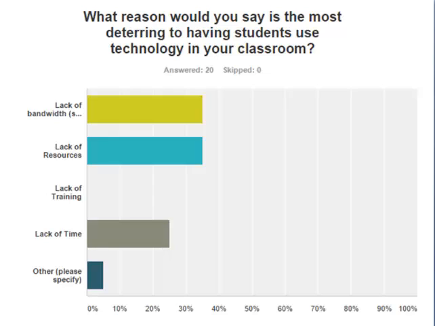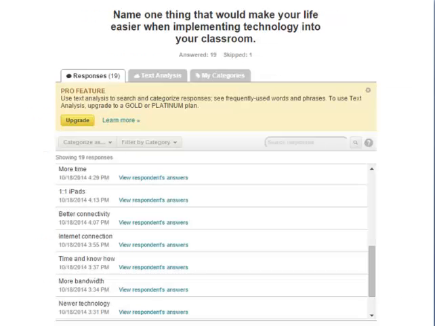Lack of resources actually surprised me, but there may be a differentiation there that I am unaware of. And then lack of bandwidth, of course, was shown from a previous question where sometimes the Wi-Fi was slower.